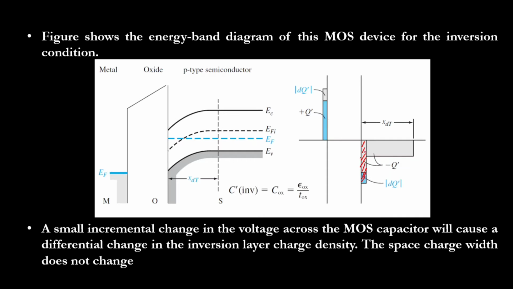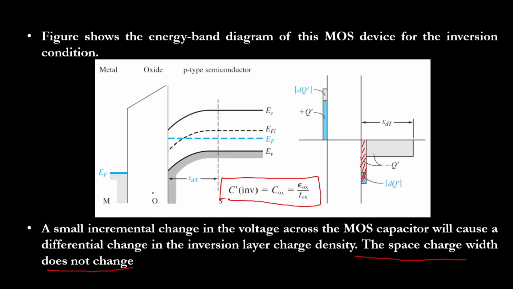Whatever voltage you apply after the inversion point, it never affects the depletion region. The capacitance is only because of the oxide thickness and does not depend on the depletion region in this case. So the space charge width does not change, even as we keep incrementing the positive charges.